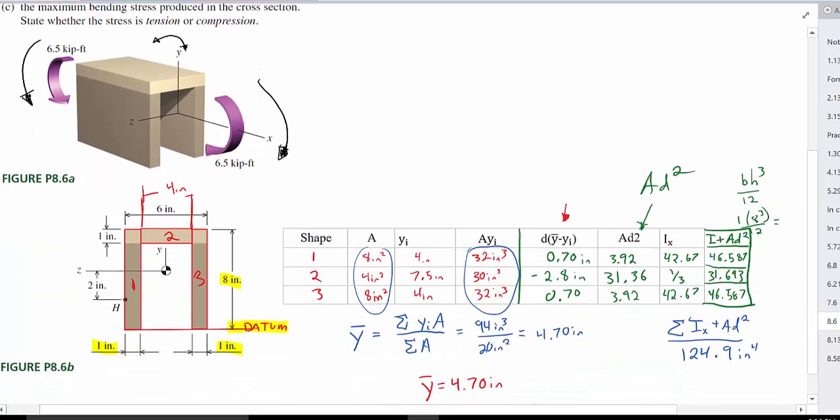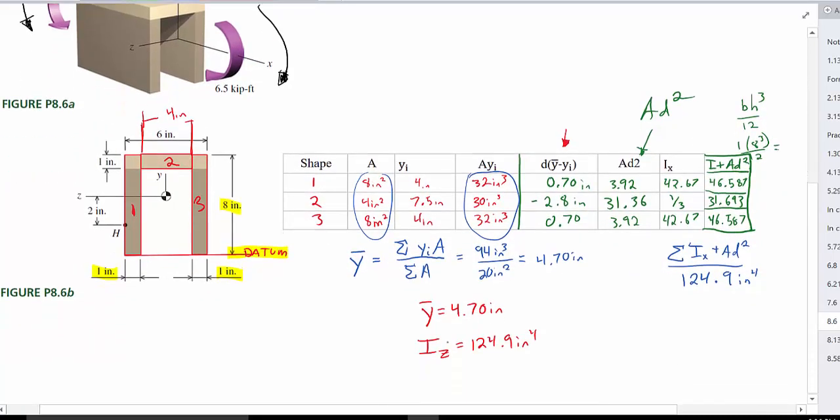We've determined from our datum that 4.70 inches is our y bar. Our diagram shows that y bar is measured from the datum, so this is 4.7 inches from our datum to this point.